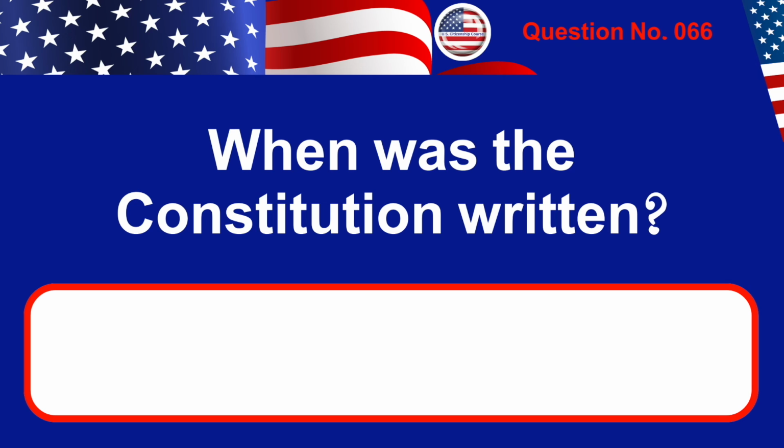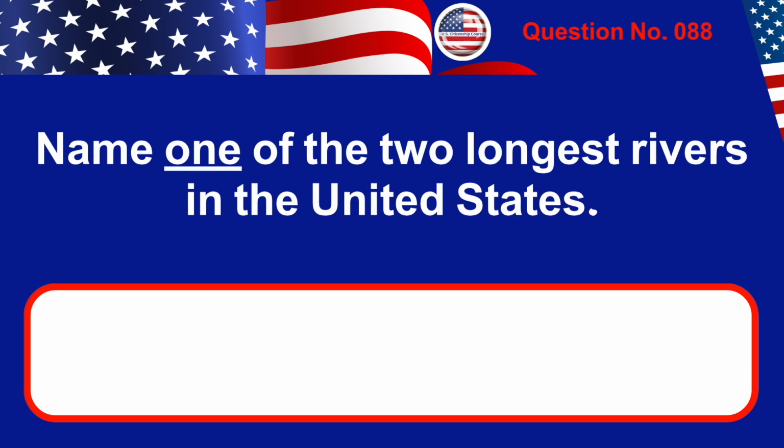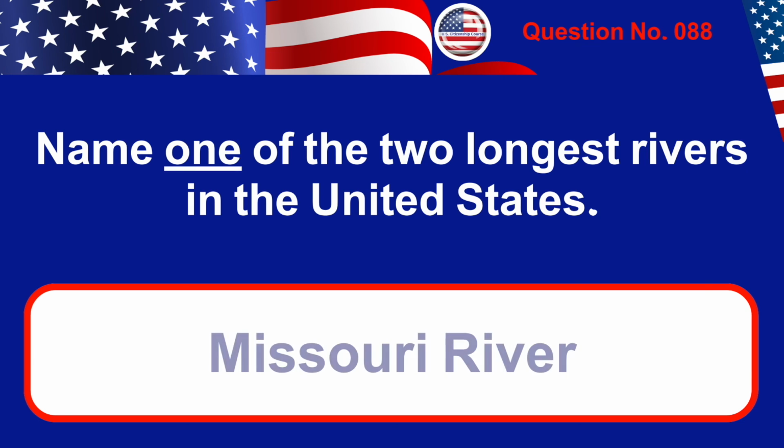When was the Constitution written? 1787. Name one of the 2 longest rivers in the United States. Missouri River.